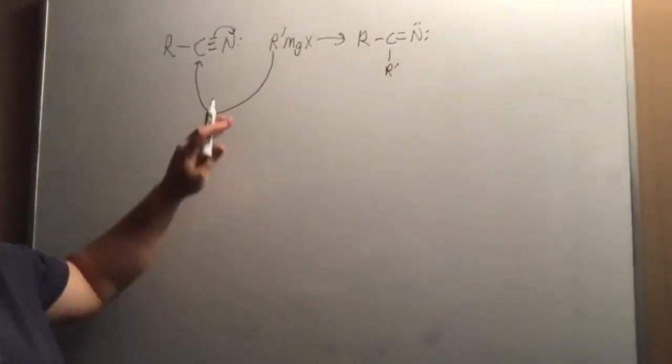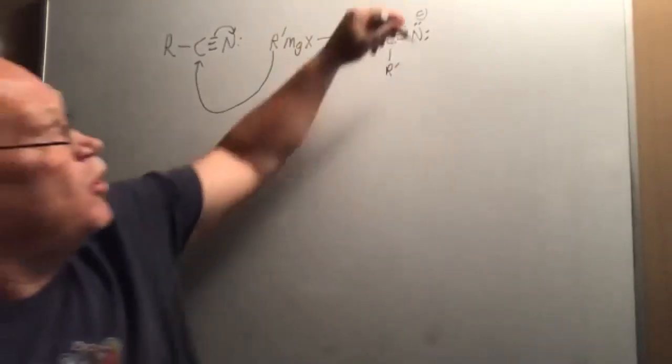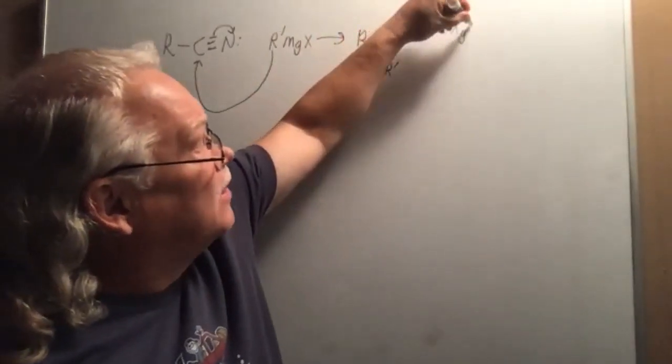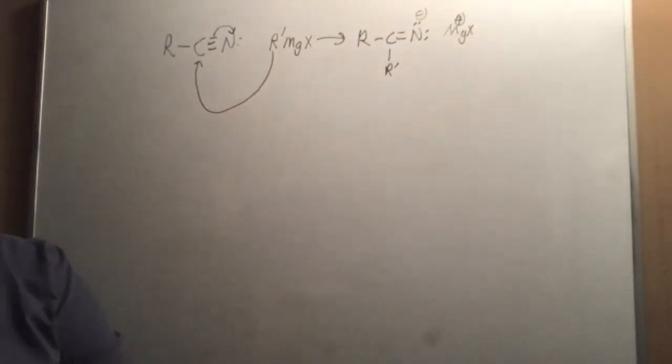If I look at the charges, this nitrogen would now be negative. Now, if I wanted to write my counter ion out here, I could write my MgX as the counter ion. Sometimes I do that, sometimes I don't. Okay, it's just an ionic bond.